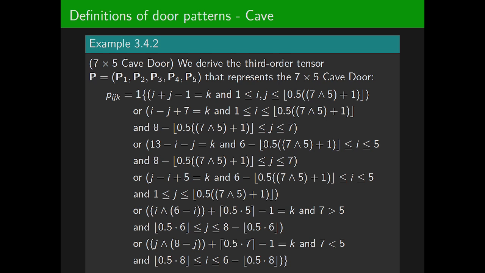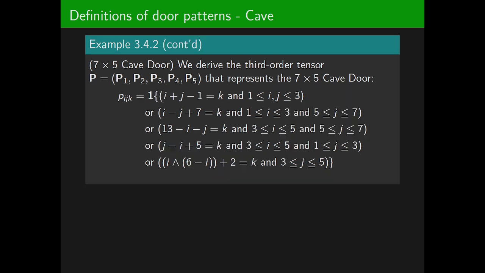Now, if you look a bit closer at the last condition, 7 less than 5, this is false, definitely. So the entire thing can be thrown out. This is always false because we are connecting it with AND gates. So we can throw out the last condition, and the remaining conditions we can simplify, because the ceiling and floor functions can all be evaluated now that we have the values of m and n. It looks like this.